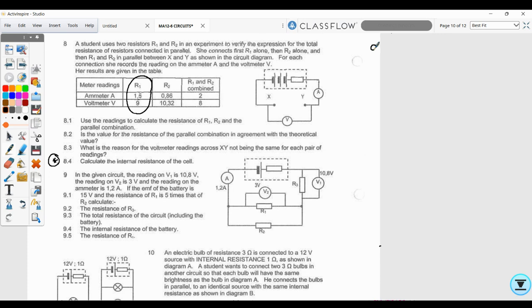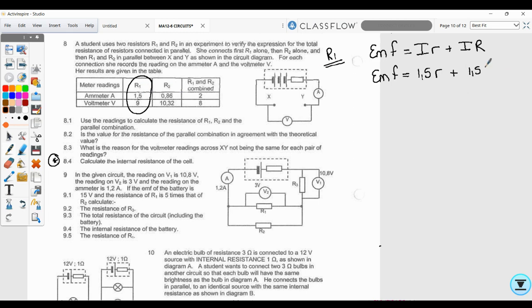So what you can do, for this one, that was the only thing connected. So you can say that for the first, when you only had R1 connected, EMF is equal to I little r plus I big R. You don't know what the EMF is, but you know that the current is 1,5 times little r plus 1,5 times the resistance you worked out.